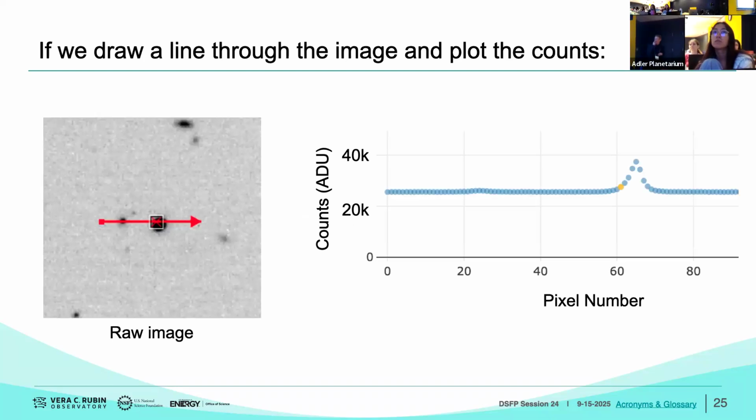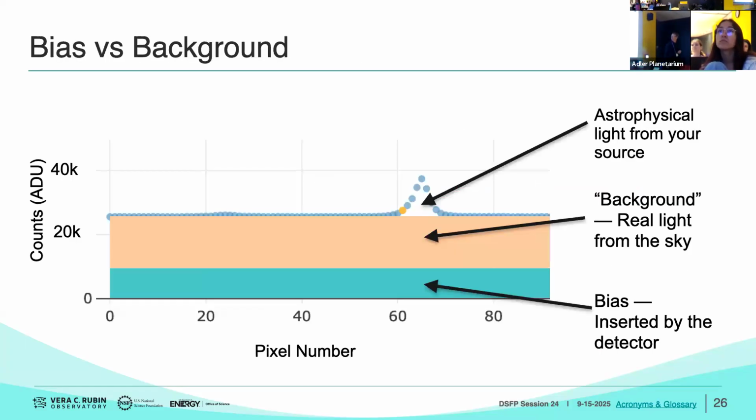So just to state it pretty simply, I have my source here. I've drawn a line through it and I've shown the counts. This is a raw image, the raw counts coming off per pixel. I have both a bias, which is something the camera inserts.